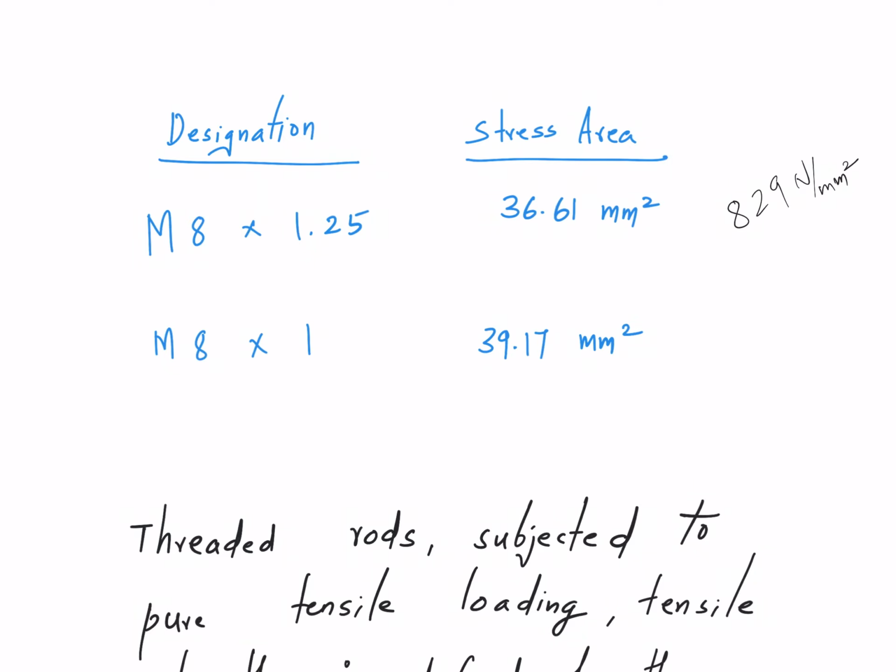Similarly here also, this area times 829 will get you the tensile load capability of the thread. So in a nutshell, the finer threads are able to carry more load. Makes sense? This is a very key concept that we should understand.